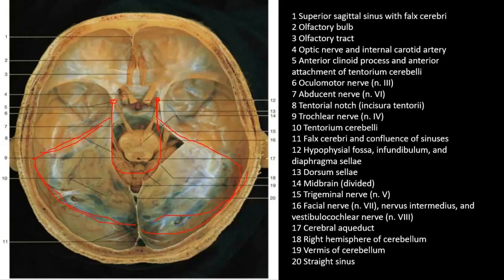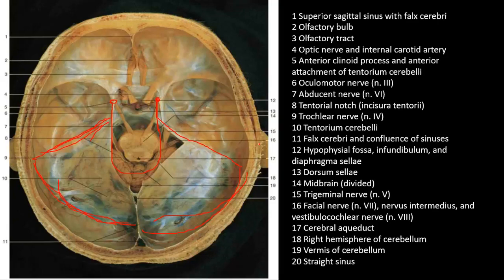Now you can see anterolateral is attached here to the superior border of the petrous temporal bone, and here you have your superior petrosal sinus. Then posterolateral is attached to the lips of the transverse sulcus. That is where you have your transverse sinus.